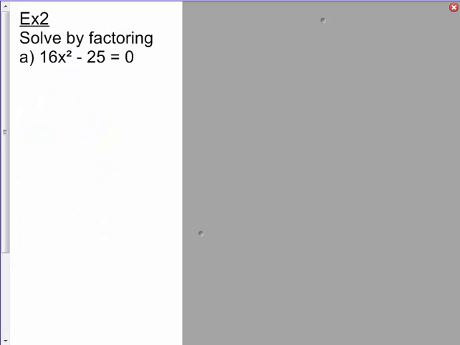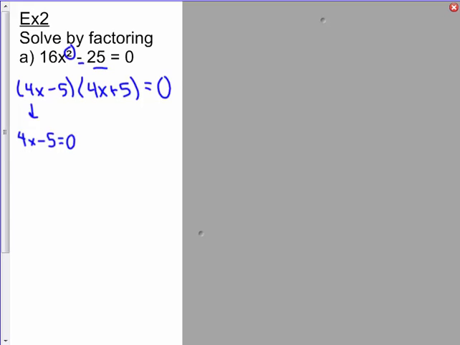In example 2, I take a look and I have an x squared minus. The first thing I would think of is, can I think about this like a difference of two squares? So I'm going to factor this: 4x minus 5, 4x plus 5 equals 0. At this point I have two things multiplied together to be 0, so I set each of them equal to 0: 4x minus 5 equals 0, and 4x plus 5 equals 0.